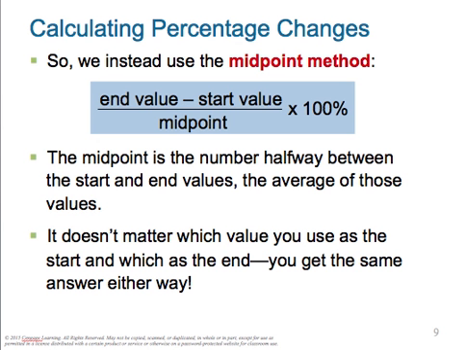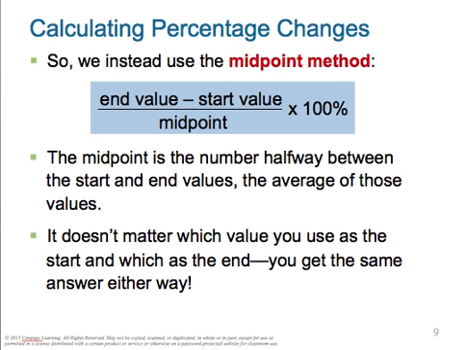However, to avoid this, we use what's called the midpoint method when calculating percentage changes. We simply take the end value minus the start value, nothing's changed there. However, instead of dividing by simply the start value, we take the midpoint. The midpoint is the number halfway between the start and end values, the average of those values essentially.